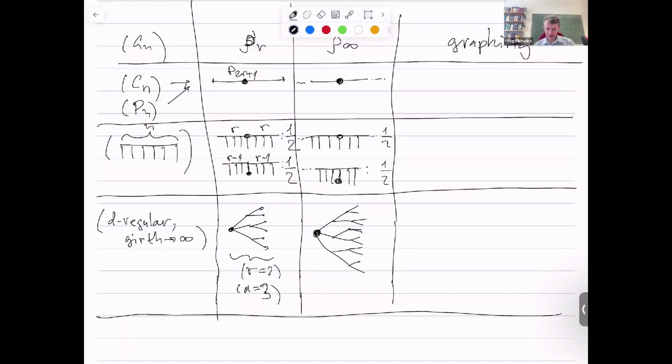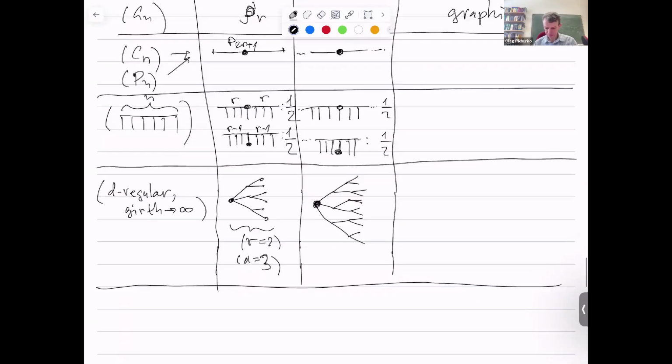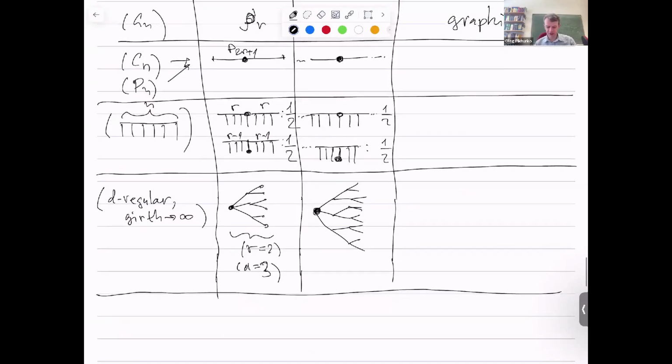And so the question is, what will the limit object be here? Of course, I can work with this rho infinity, and in many cases it's very useful. But is there some other representation? And indeed, there is. It's called a graphing.